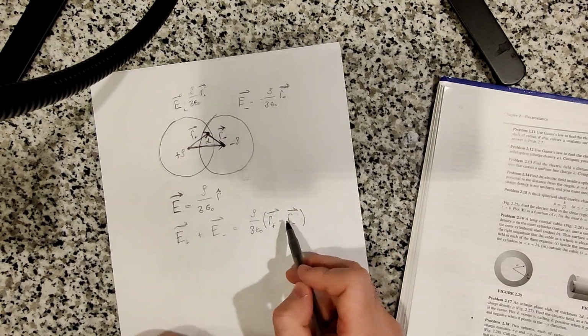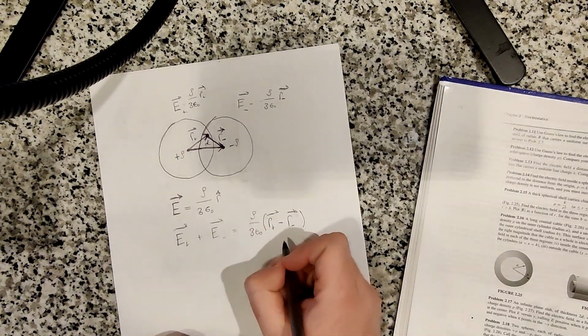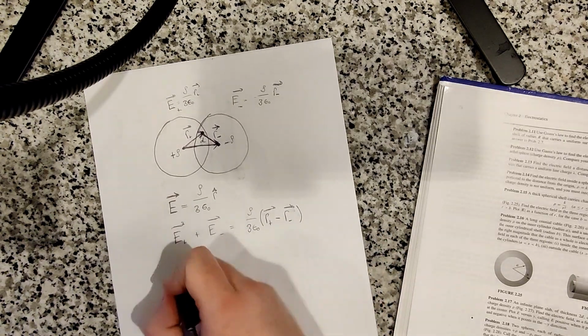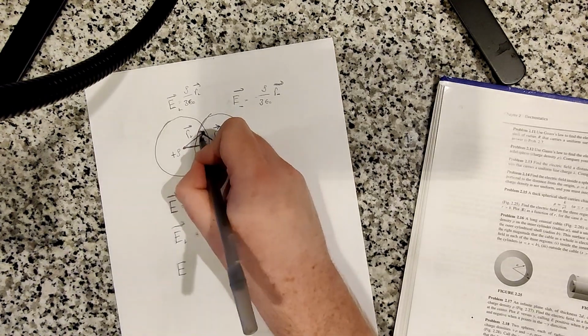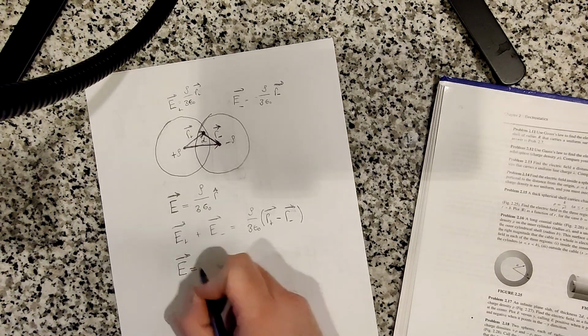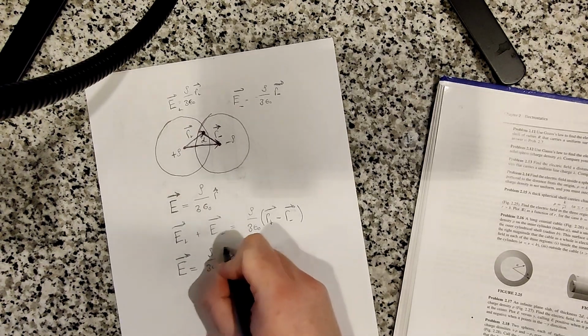And this is just the vector D. So we've shown basically that the electric field in this region here is just rho over 3 epsilon naught times the vector D.